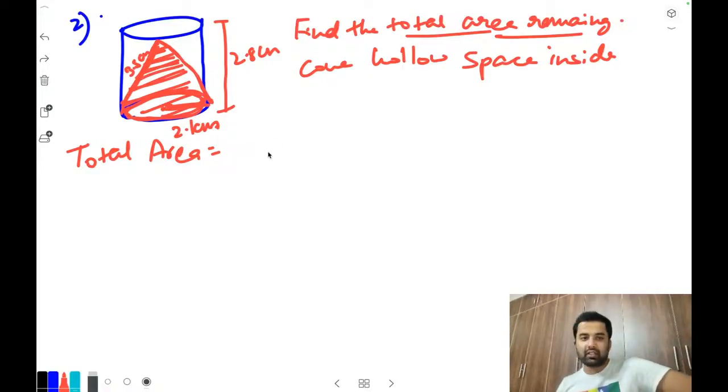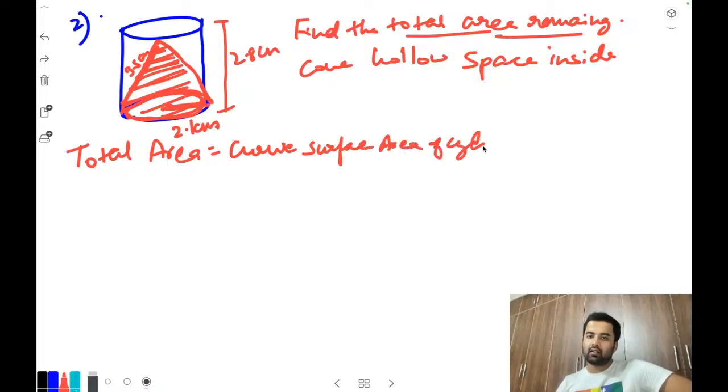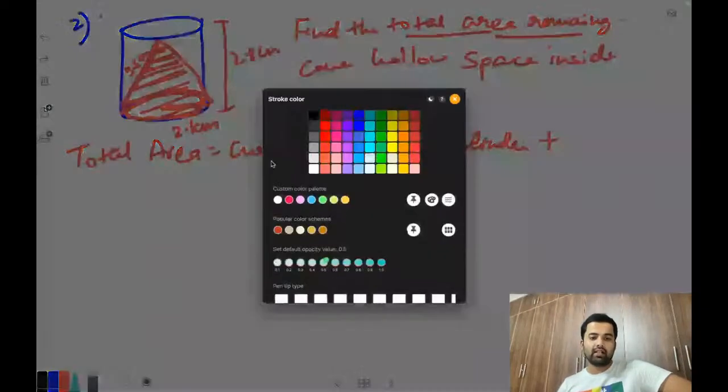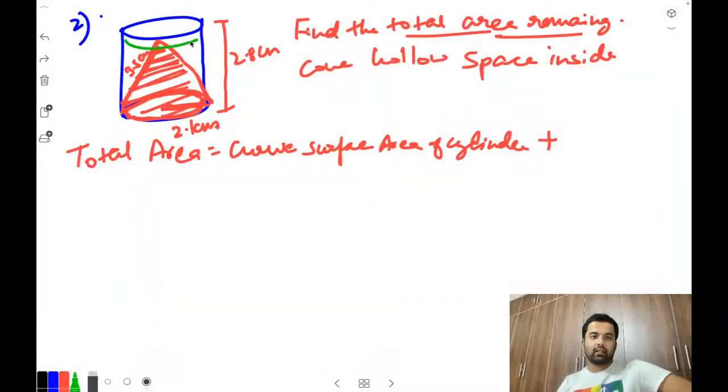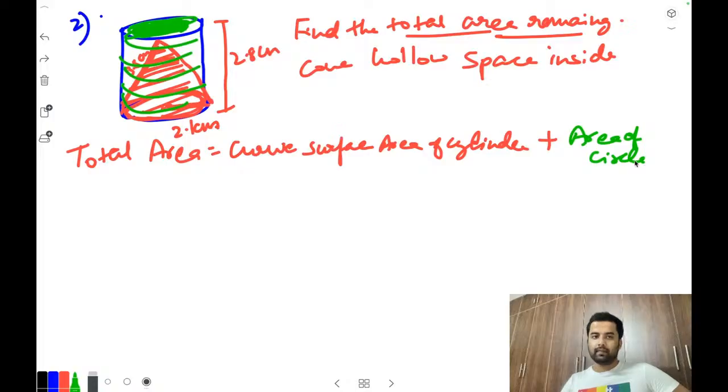So here, see what we can do. First, we will figure out the curved surface area of cylinder, which stands for the side part of the cylinder. Now the top circle is still remaining, so we will include this also, plus area of circle.